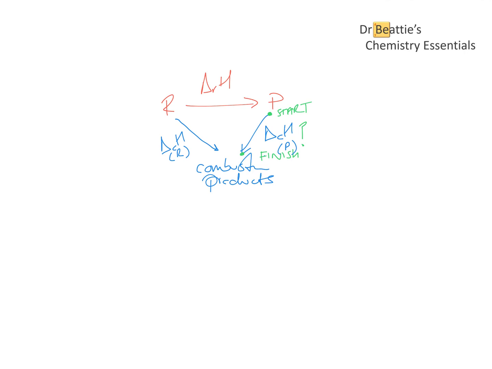Then this route 1 is the same as going against this arrow to the reactants and then burning those reactants to form the combustion products. Because we've gone against this arrow, we're going to put a minus delta RH. Because we've gone with this arrow, then we've got a plus delta CH for the reactants.